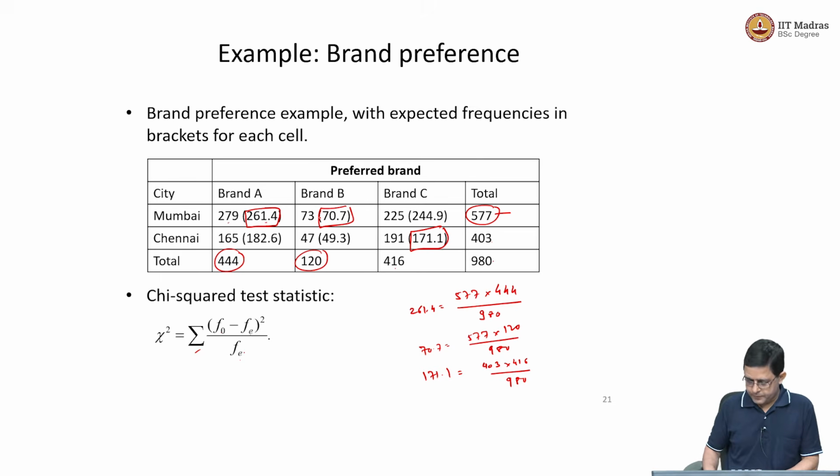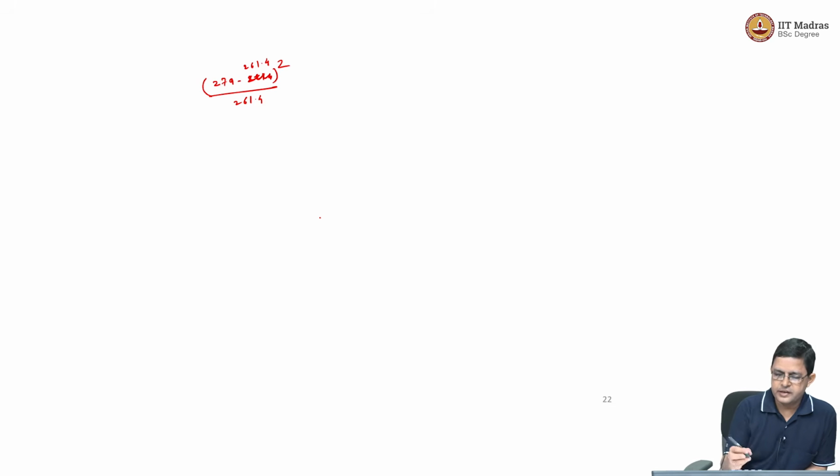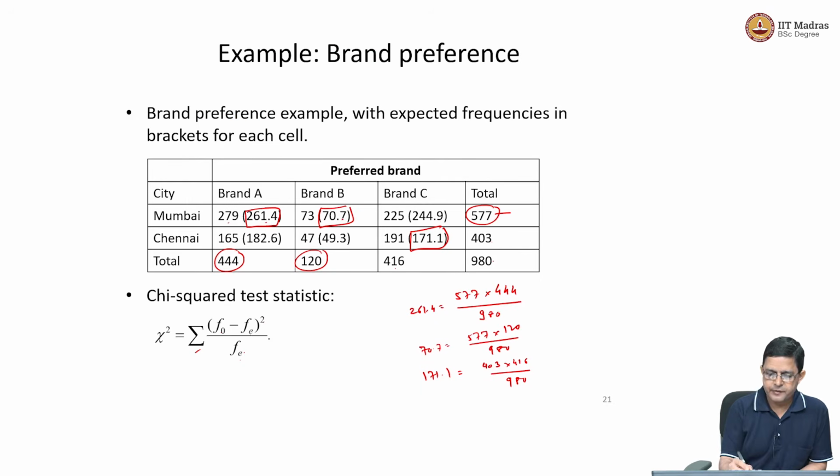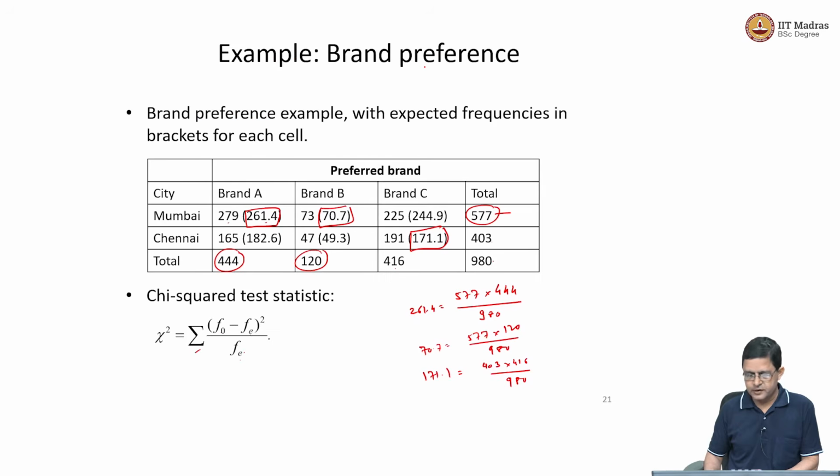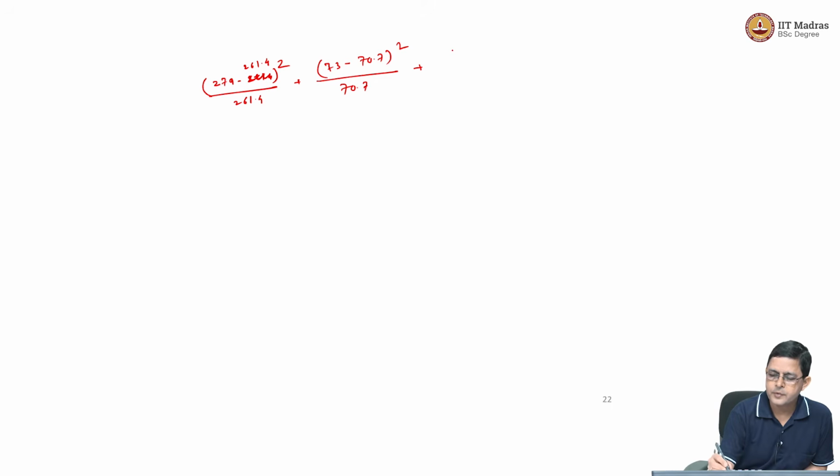the second cell. What goes in the second cell? 73 is the observed frequency, 70.7 is the expected frequency, square the difference, divide that by the expected frequency, plus the third cell. 225 is the observed frequency, 244.9 is the expected frequency. So 225 minus 244.9, square this whole numerator, divide that by 244.9.